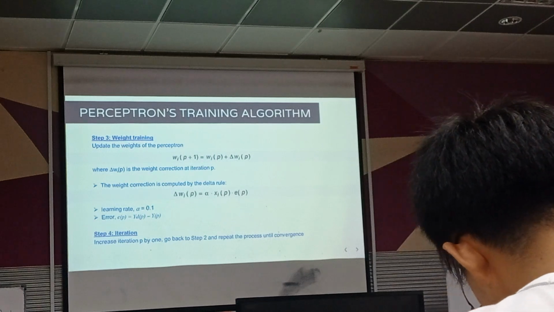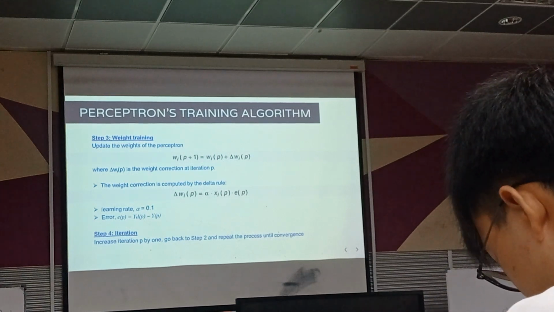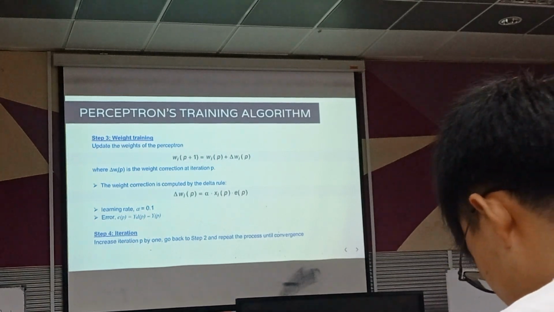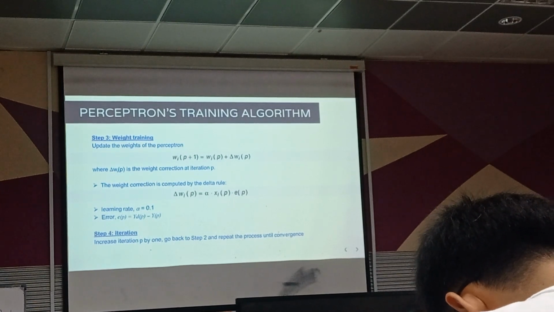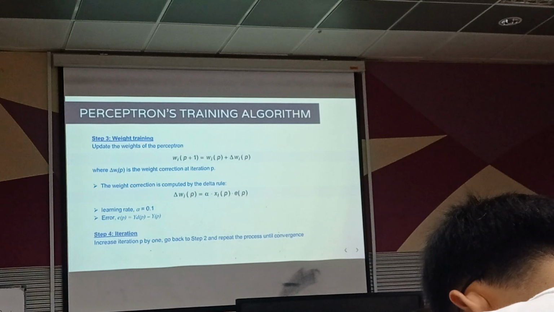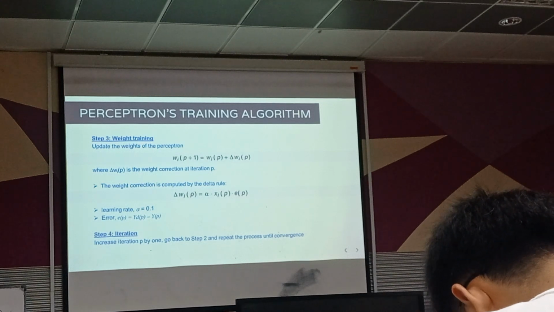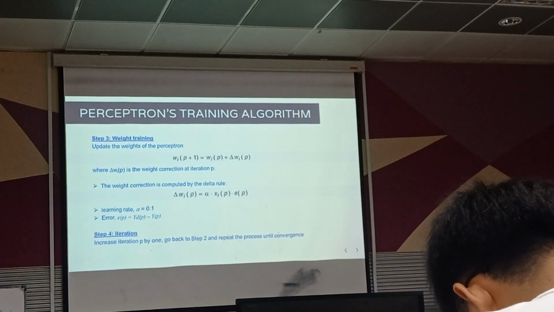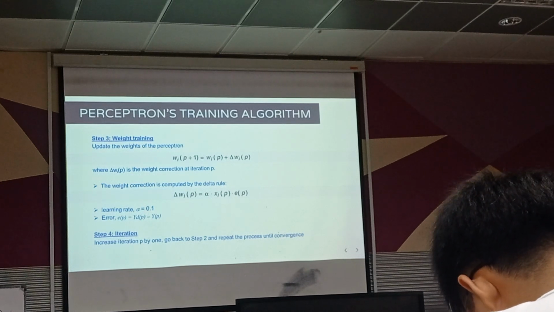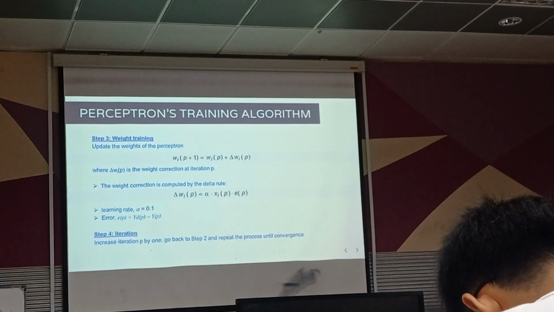This error feeds back to here, so that we can substitute into this equation to obtain the new weight. So we're going to update this weight, let's say from 0.1 to 0.2. Repeat until this value becomes stable. That's it. This is the full process of how we train a neural network.